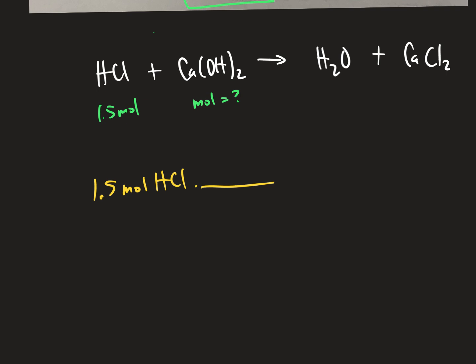We could convert to grams, but we want to convert to moles of this, right? So what should we do next? Balance the equation. We better have a balanced equation, otherwise we don't know the mole-to-mole ratio, right?